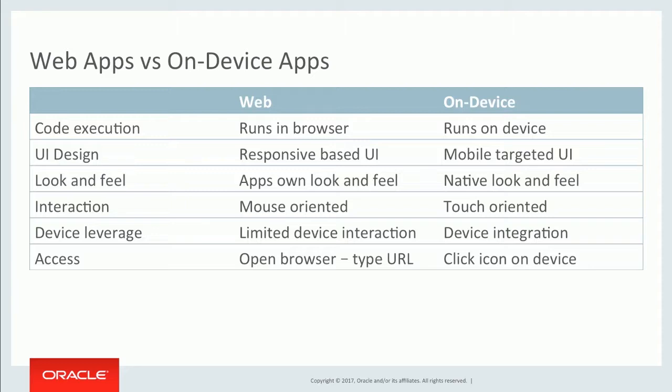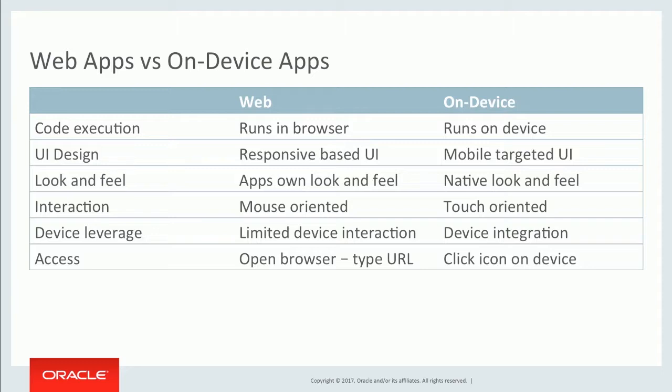In terms of how you design your UI, web applications usually use concepts of responsive UI. Okay, so this is like moving things to be one under the other, or making the font a little smaller, stuff like that. On-device applications usually build a mobile-targeted UI, and I'll show you some of the aspects to consider there in the next slide.